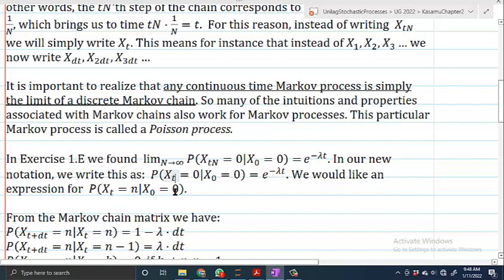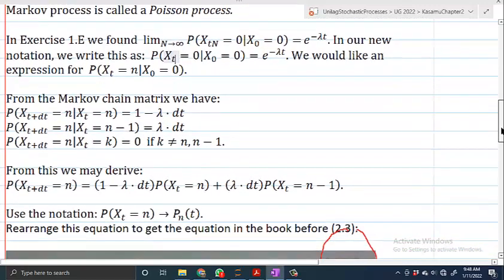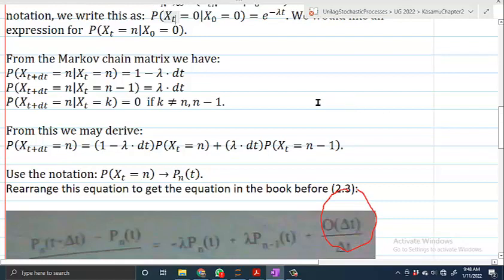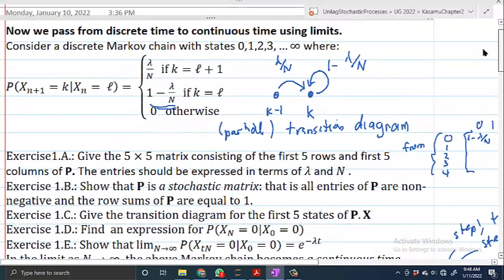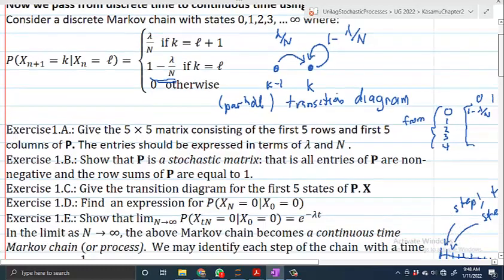All right. Now, from the Markov chain matrix, which I hope you have been able to construct, we have that the probability that x of t plus dt equals n, given x of t equals n, is 1 minus lambda times dt. This corresponds to this second possibility here. Remember, we're associating 1 over n with a small time interval dt.